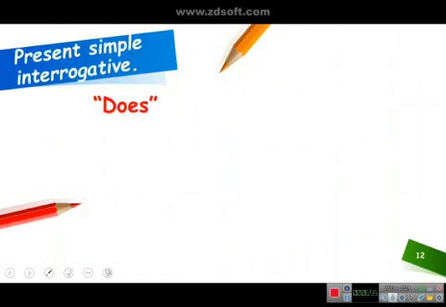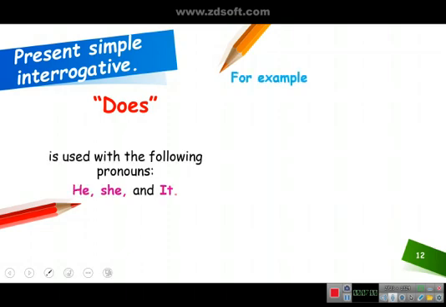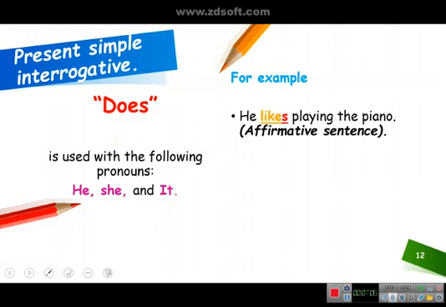Present simple interrogative with does. The auxiliary does is used with the following pronouns, he, she, and it. For example, he likes playing the piano. This is an affirmative sentence and the verb is likes.